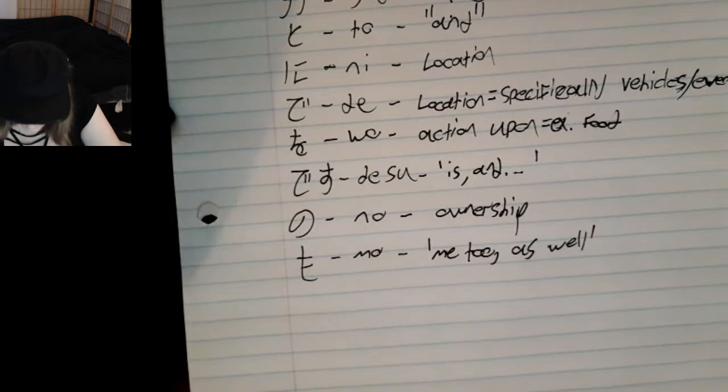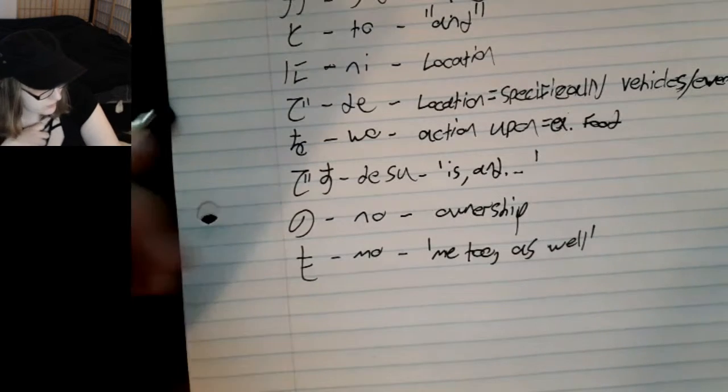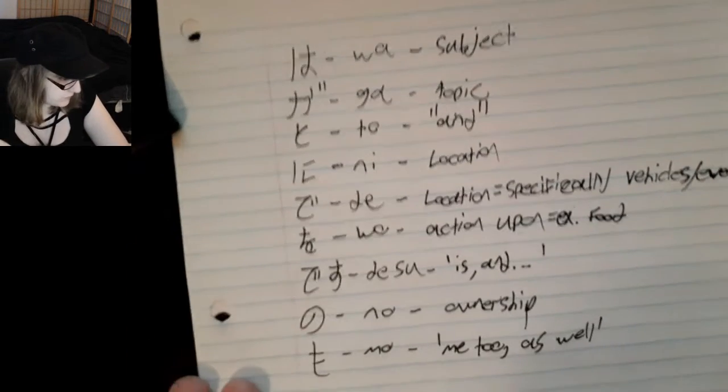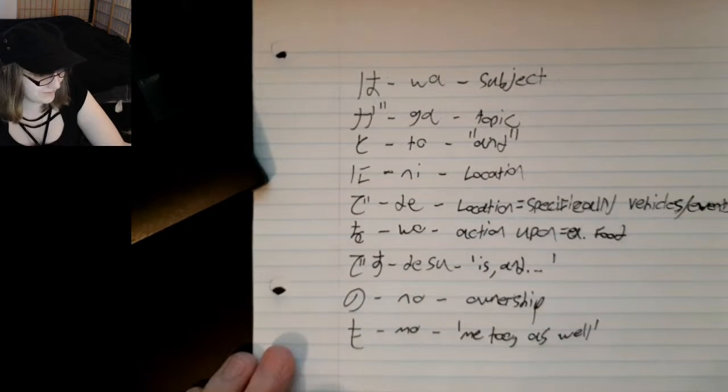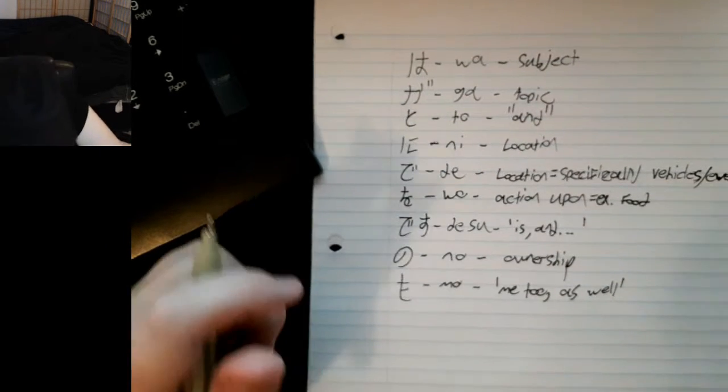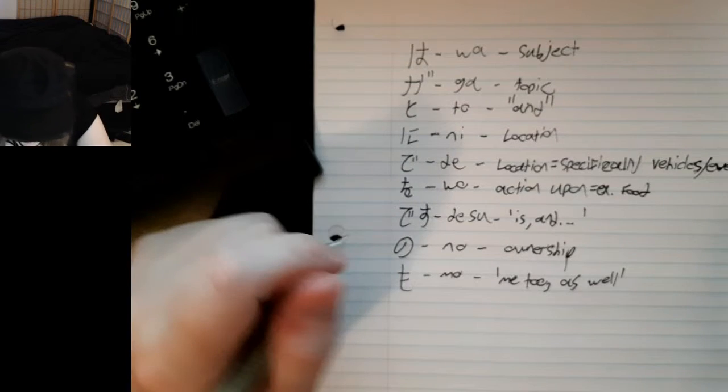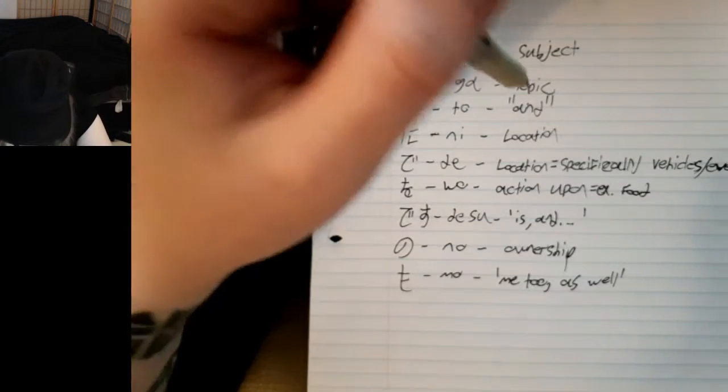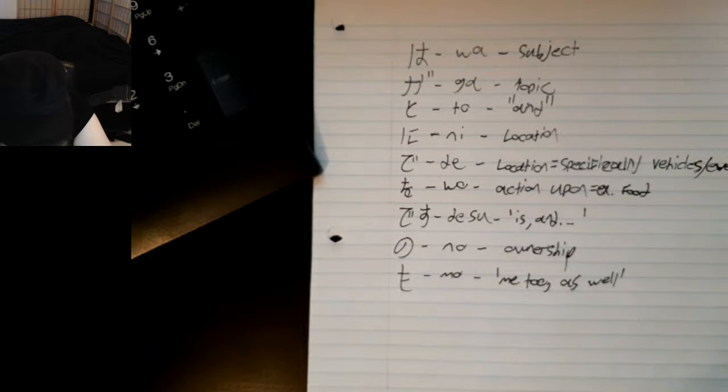Okay. There were a couple of other exceptions to particles that we use. Sorry, it's hard to remember an entire language on the fly, but: subject, topic, location, location for events, action upon, desu, no, mo.